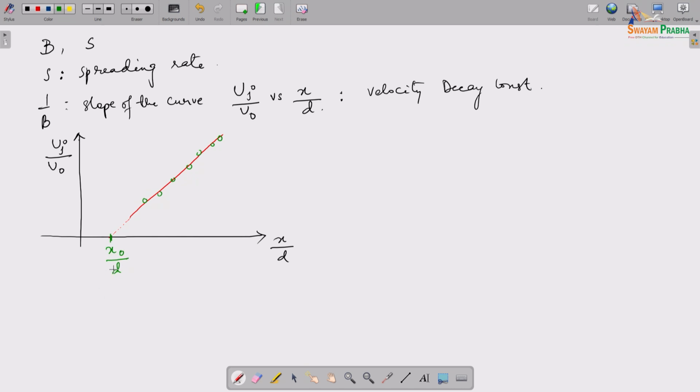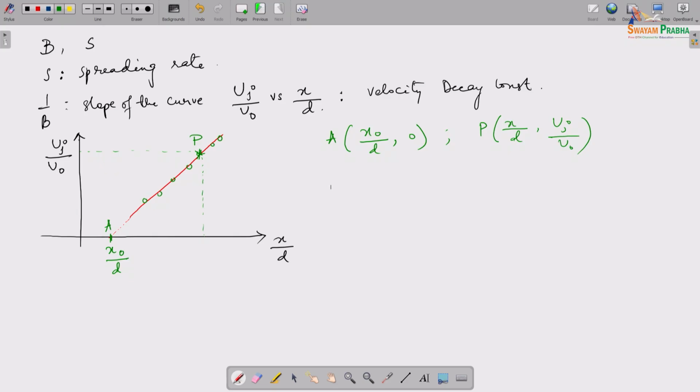Let's say this point is A, and this is an arbitrary point, say P. The coordinates of A are x naught by d, 0, and P is x by d and uj by u naught.